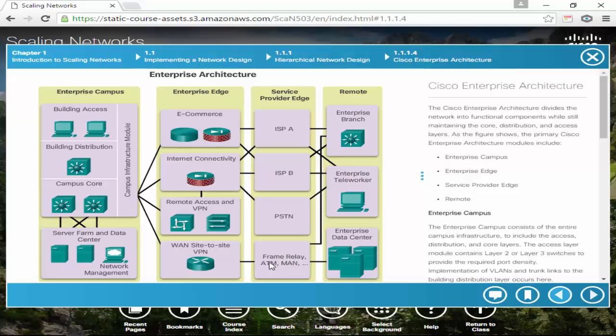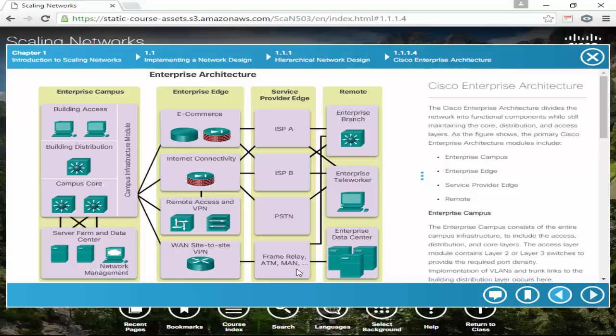So we could do frame relay. Probably not, unless you're in, I don't know, I believe the Middle East still uses frame relay, but it's basically a legacy technology. So you're using ATM, MAN, which is, as we all remember, Metropolitan Area Network, right?